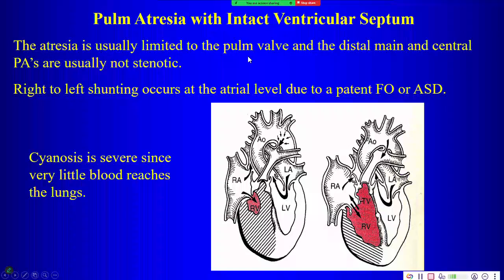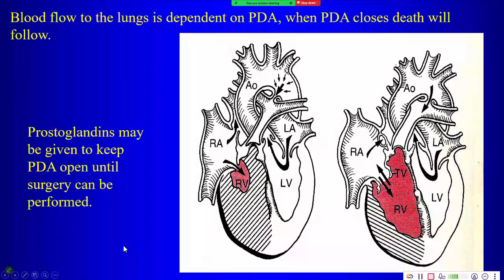And then we have this thing, pulmonary atresia with intact ventricular septum. So here, the right to left shunting occurs at the atrial level because of patent foramen ovale or atrial septal defect. Cyanosis is severe since very little blood reaches the lung. There's pulmonary atresia, so there's no outflow from the right ventricle to the actual lungs.